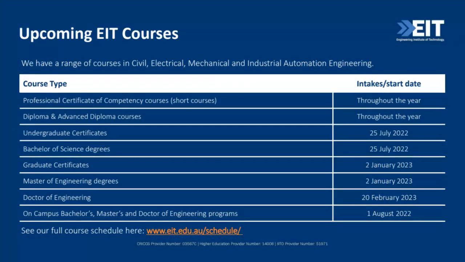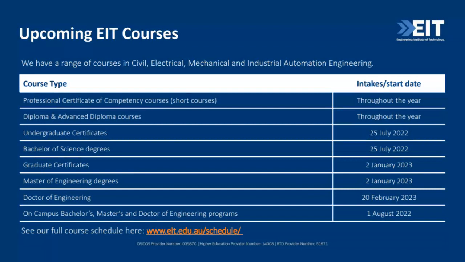And just a quick overview of our courses. As mentioned at the beginning, I briefly touched on what courses we offer at EIT, but this gives you an overview of when our courses are starting. Our short courses, professional certificates, as well as our diplomas and advanced diplomas, all have different intakes and dates throughout the year.